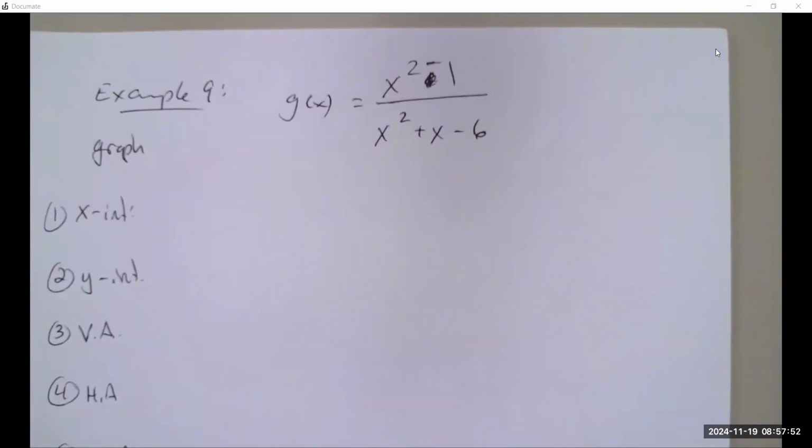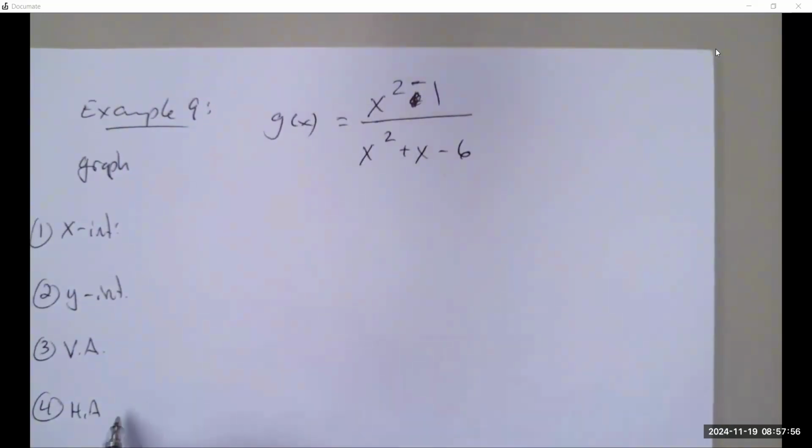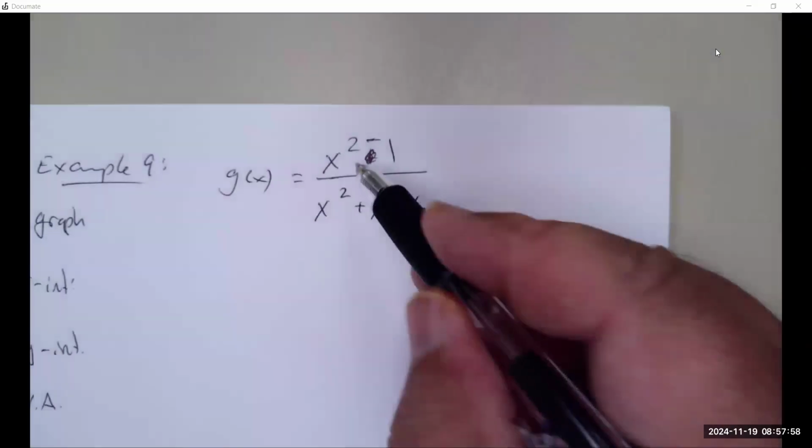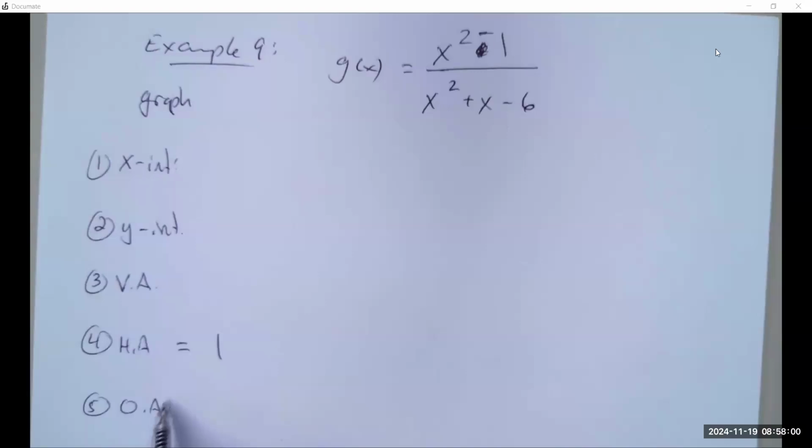So we're going to have a horizontal or an oblique asymptote, and it's going to be what? It's a horizontal one, because it's the same degrees, so it's the coefficients, 1 over 1.